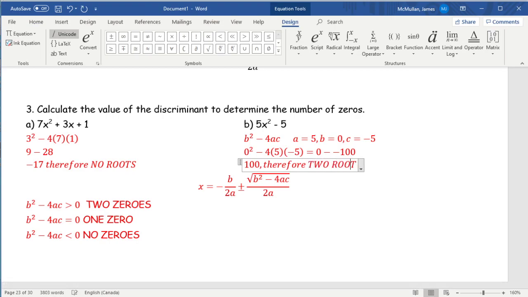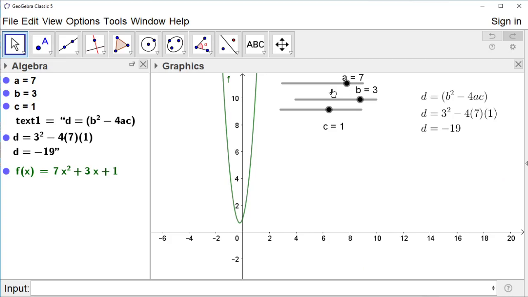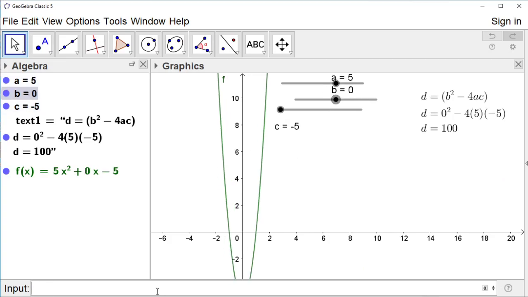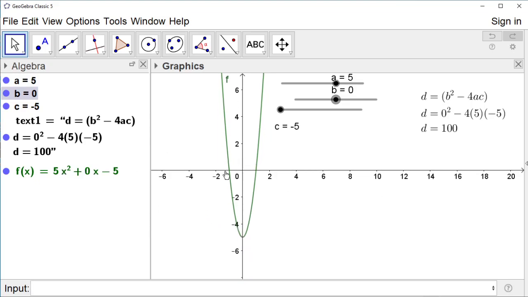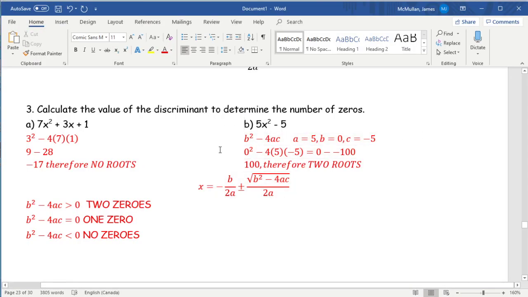Therefore, 2 roots. If we draw this one, 5x squared minus 5, a is 5, c is negative 5, b is 0. You can see it has 2 roots exactly as we predicted. Its discriminant is positive, and it has 2 roots.